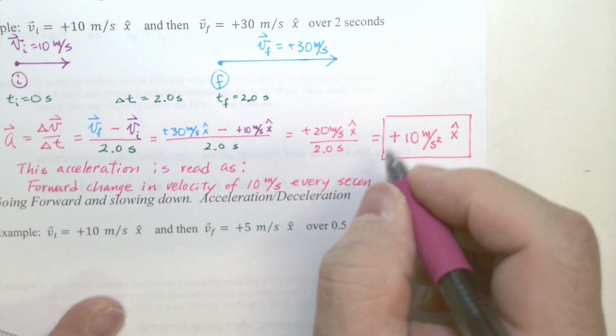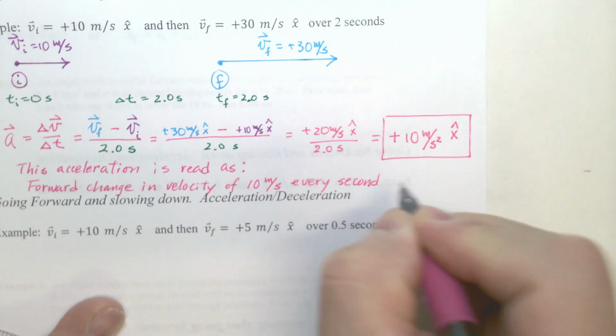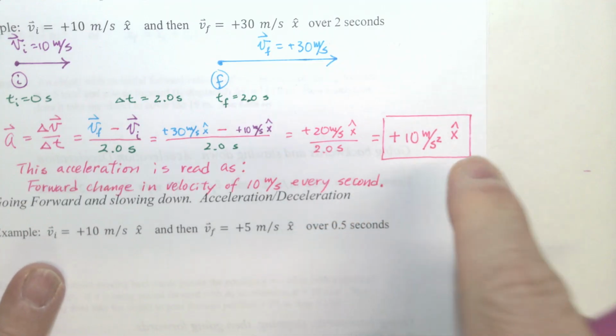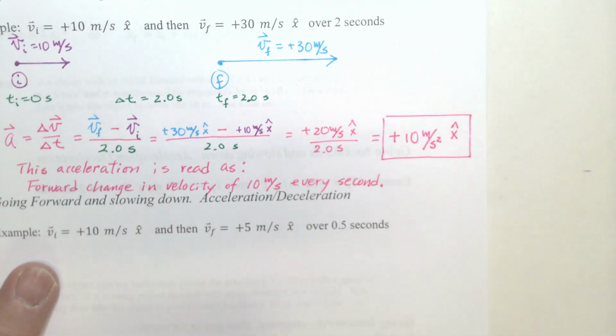Okay? And that's what that positive 10 meters per second squared means.